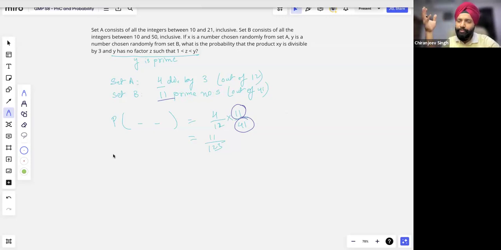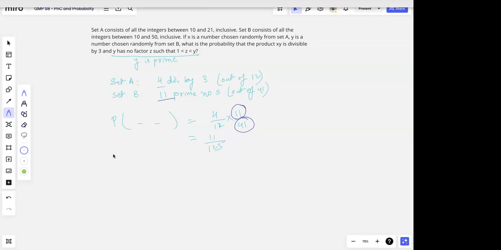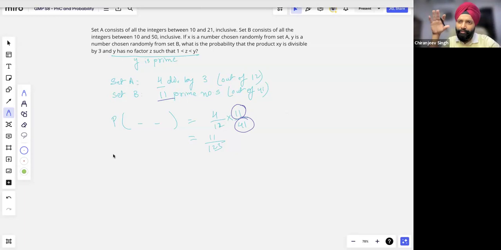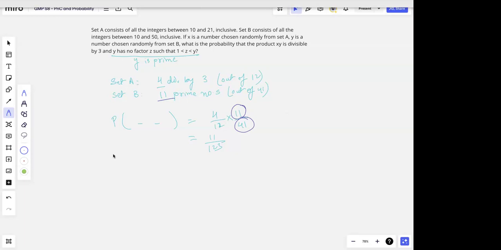X has to be divisible by 3, so essentially you can pick X only out of those 4 numbers, no? 12, 15, 18, and 21, right? So why not 4 by 4 then?